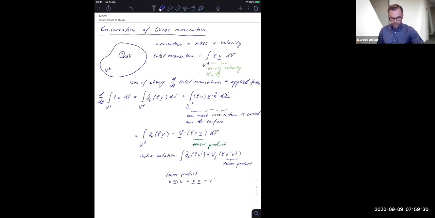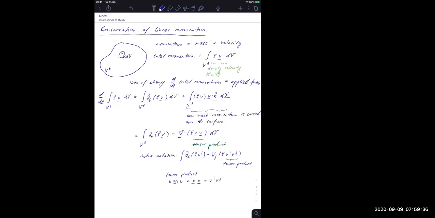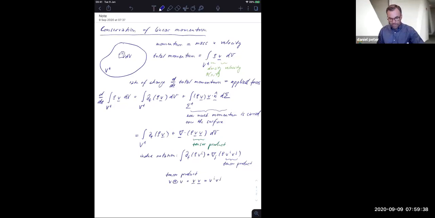Index notation is v_i times v_j. So it's now a matrix where you have v1 times v1, v1 v2, v1 v3, these products. And for three-dimensional vectors, it's a 3 by 3 matrix.